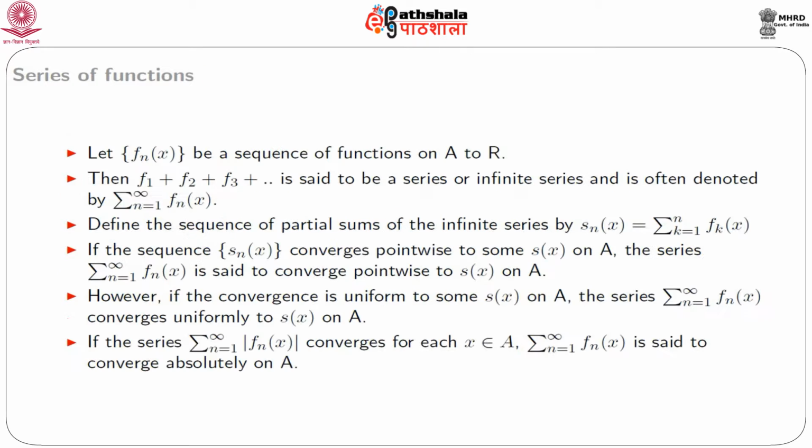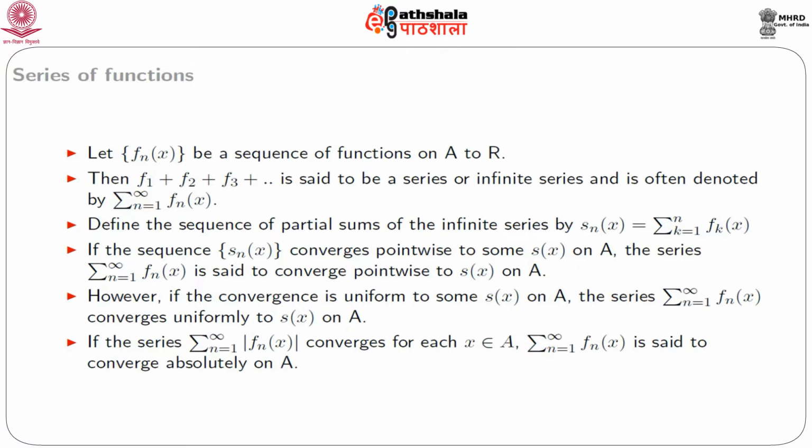So, let fn(x) be a sequence of functions from A to R. Then the sum f1 plus f2 plus f3 up to infinity is known as a series or infinite series and is often denoted by summation n from 1 to infinity fn(x). Define the sequence of partial sums of the infinite series by Sn(x), which is defined as summation k from 1 to n fk(x).